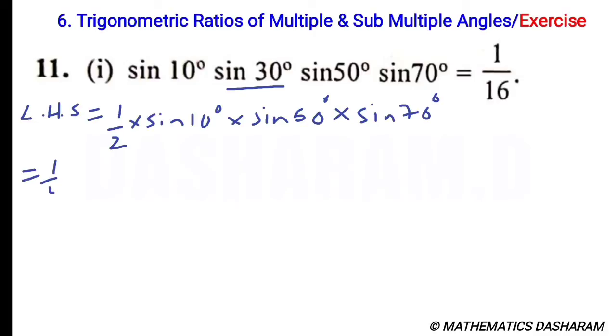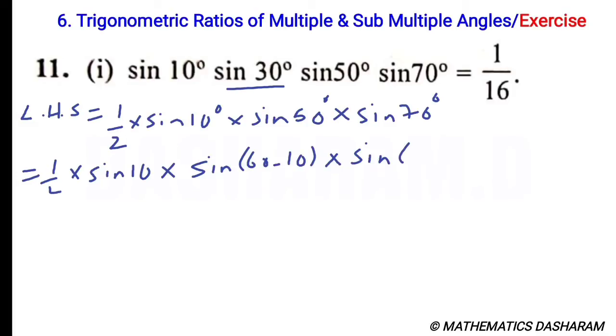So it is equal to 1 by 2 into sin 10 degrees into sin 50 can be written as sin 60 minus 10 and sin 70 can be written as 60 plus 10. So here 10 is there, so that is why 60 minus 10, here 60 plus 10. So next 1 by 2 into sin 10 degrees into sin a minus b formula.